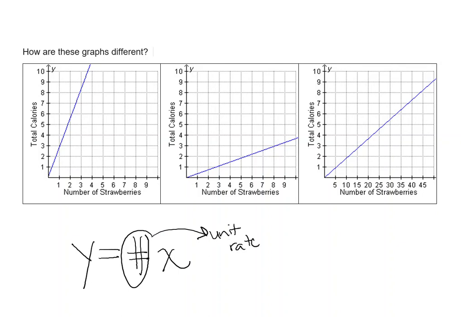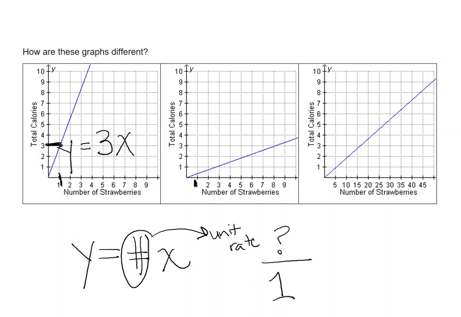And a unit rate is how much per 1. So if we look at our graph here, the number of strawberries, 1, has 3 calories. So that would be 3 calories per strawberry equals the total number of calories.